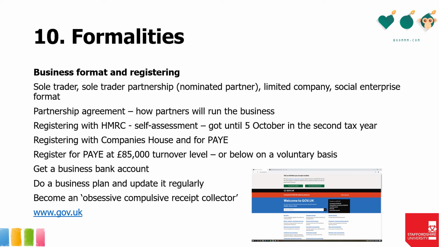Do a business plan and update it regularly, and make sure again within that business plan you have a cash flow forecast in that. If you're going to go for an overdraft or a grant or any kind of business borrowing, the expectation will be that you will have to do a business plan, and you will have to submit that along with at least 2 years cash flow, and that's what a lender will look at to assess whether you'll get that grant, whether you'll get that loan, or whether you'll get that overdraft.